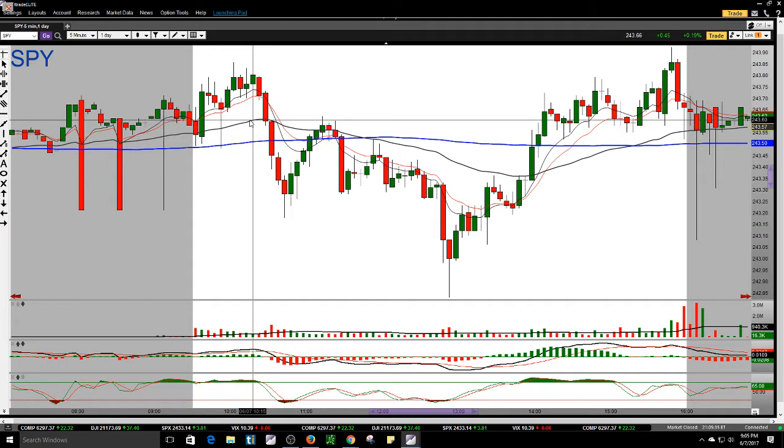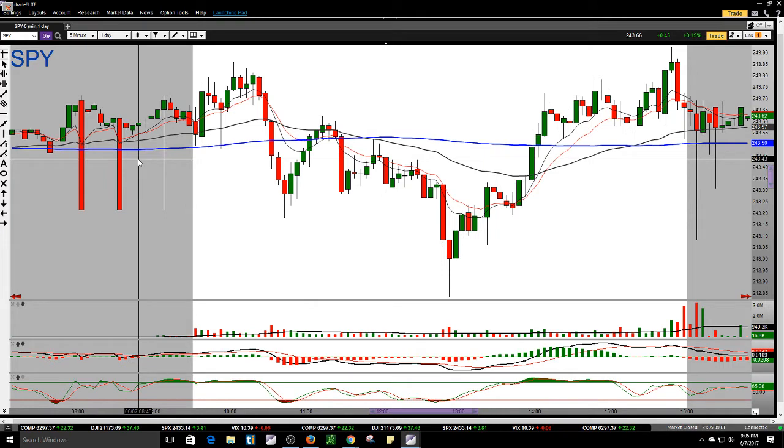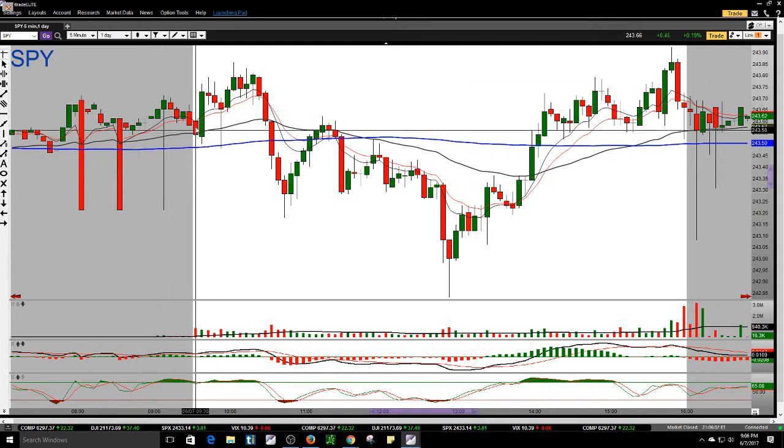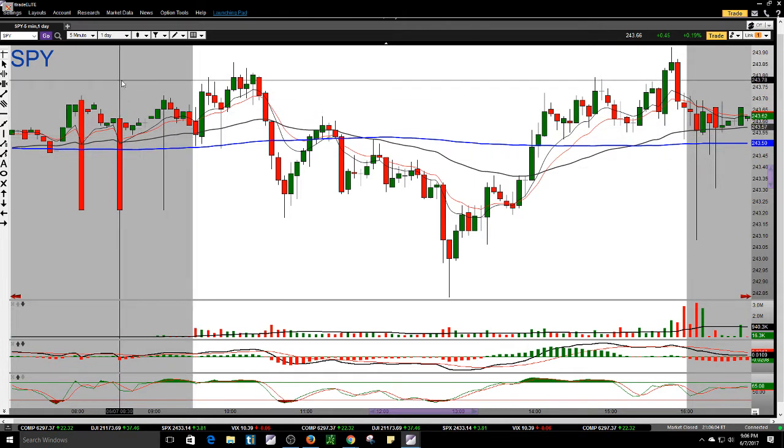So generally speaking, if I'm looking at this SPY chart here, there are a bunch of candlesticks that I can point out, and as you progress in your trading, there are candlesticks that you need to recognize right away. Do remember that candlesticks are the individual candles, no matter what time frame you're using.